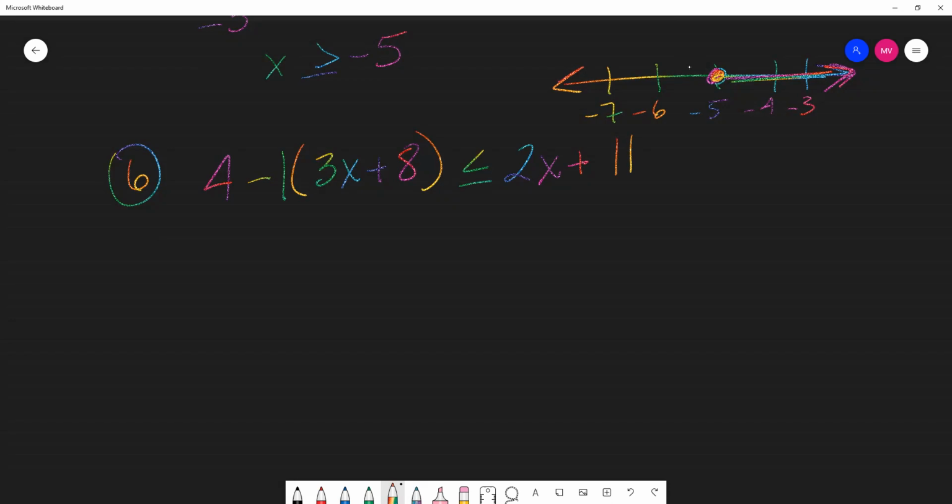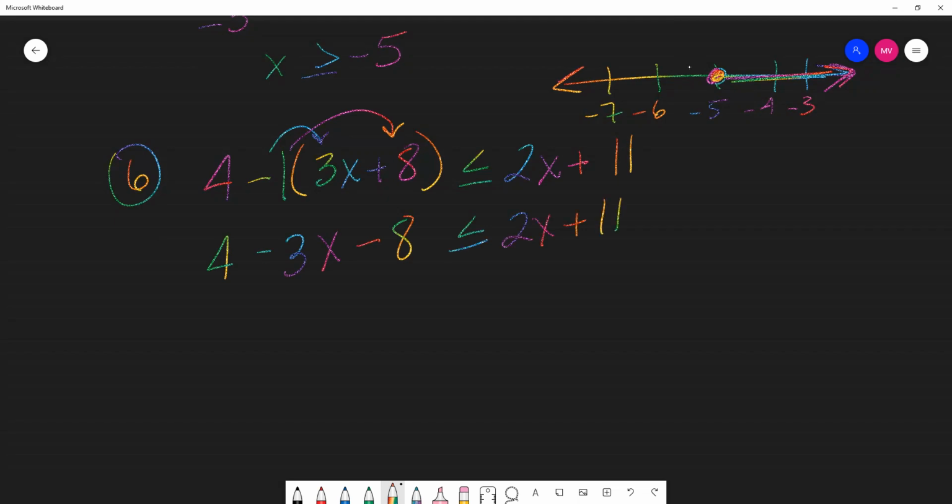In this case, you're multiplying -1 times 3x and -1 times 8, which means they are the same except negative. So this becomes 4 minus 3x minus 8 is less than or equal to 2x plus 11.